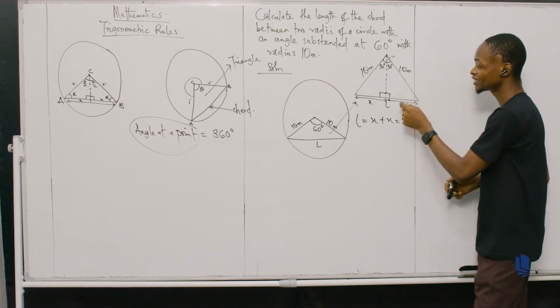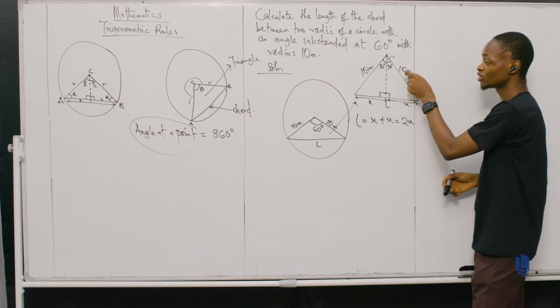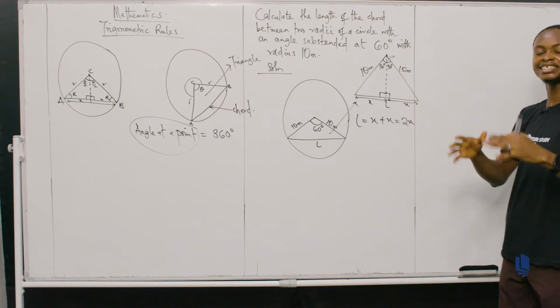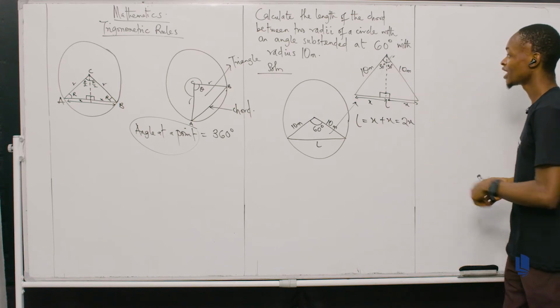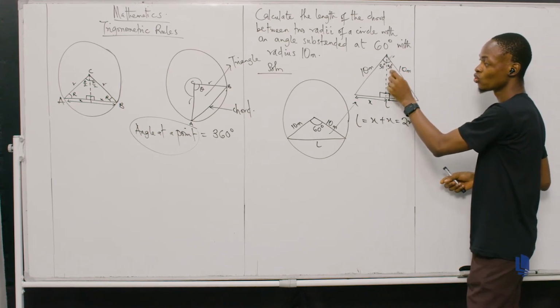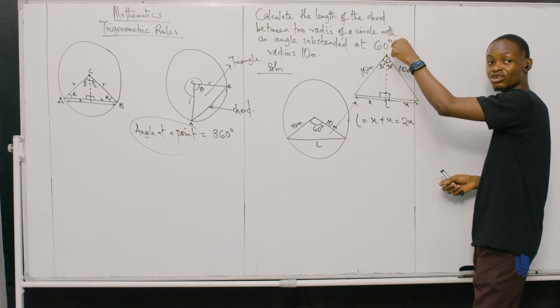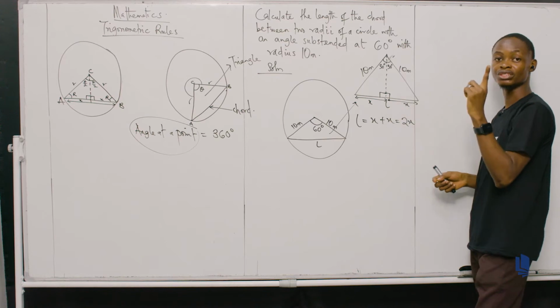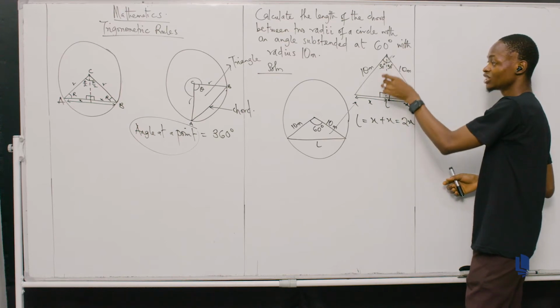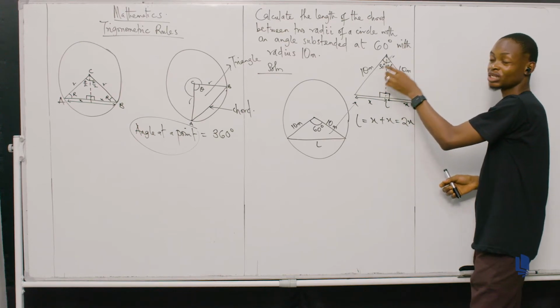So 10 meters is directly opposite the 90-degree angle. So it means that this 10-meter side is our hypotenuse side. Now the 30-degree angle that we know is on the top, which means the side opposite that 30-degree angle, which is the acute angle, becomes our opposite. And then the last side, which is this perpendicular line, becomes our adjacent.